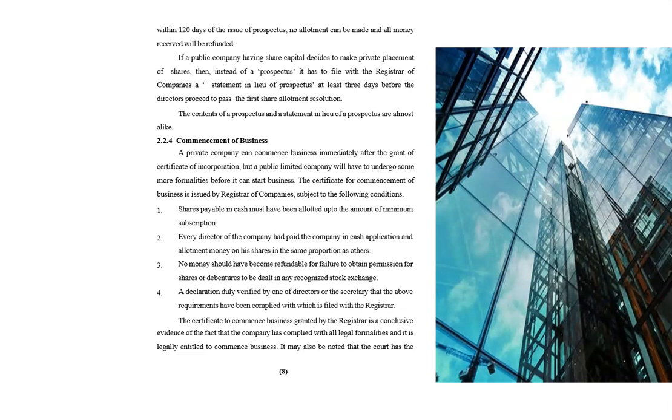Commencement of business, right? A private company can commence, just a repetition again, and a public company can commence business only after getting that certificate. It is issued by the registrar of companies, which is conclusive evidence that the company has complied with all the legal formalities and is legally entitled to commence business.